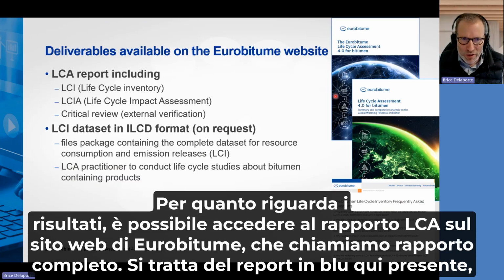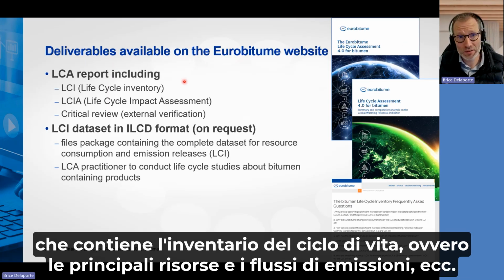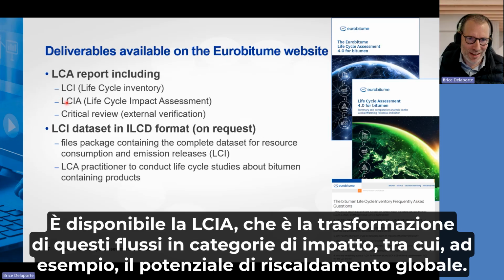So in terms of deliverables, you can access on the Eurobitume website the LCA reports, that we call the full report, which is the blue report here, which contains the life cycle inventory, I mean the main flows in resources and emissions, etc. You have the LCIA, so the transformation of these flows into impact categories, including, for example, the global warming potential, but not only.